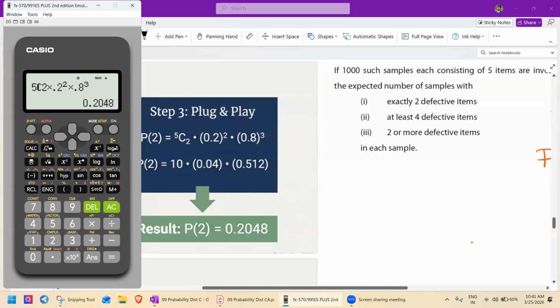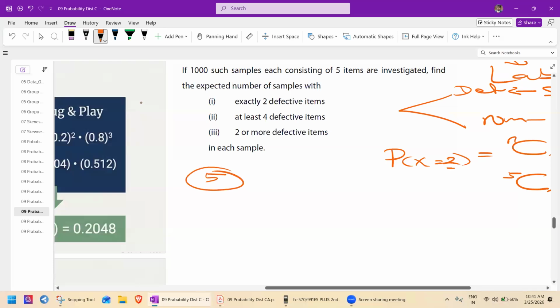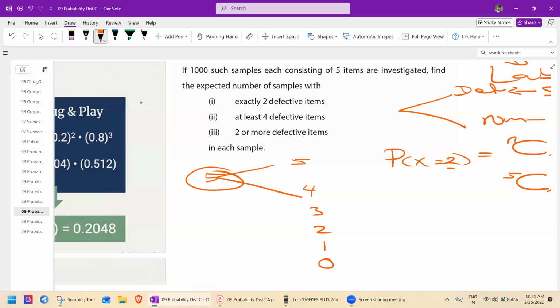Now we move to the second question. At least 4 defective items. At least 4 defective items means probability. So altogether 5 items in a sample. What are the possibilities? All 5 items, or 4 items, 3 items defective, 2 items, 1 item defective, 0 items defective. There are 6 possibilities.